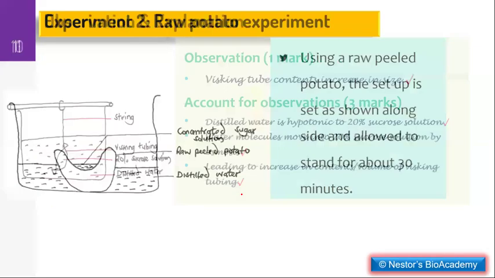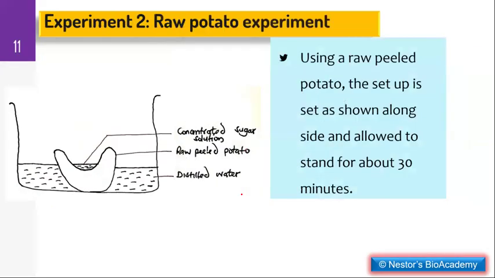Another very common experiment you're likely to find here is where we use the raw potato experiment. So here we will give you a raw peeled potato, and then the setup is set up as shown here. We can have distilled water in the beaker, and then we're having the raw peeled potato. Then you can have concentrated sugar solution in the potato.